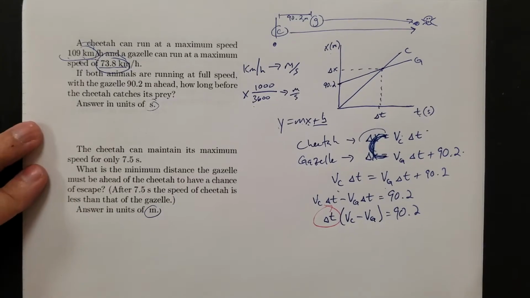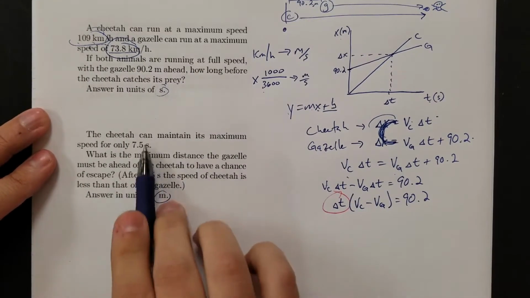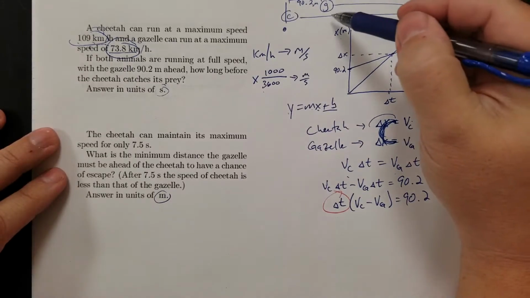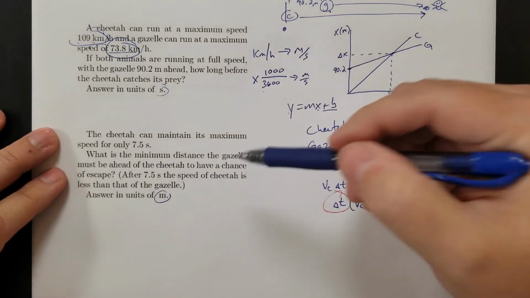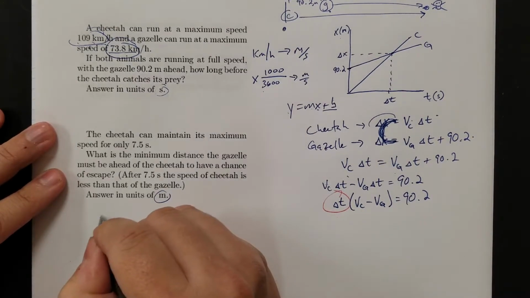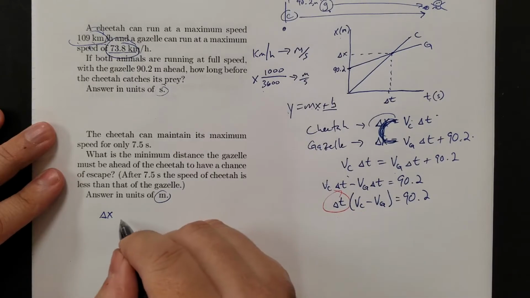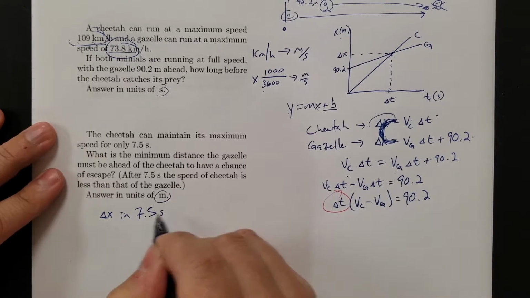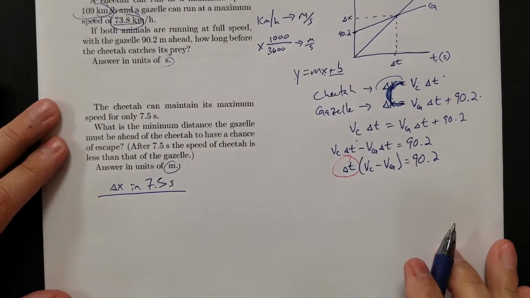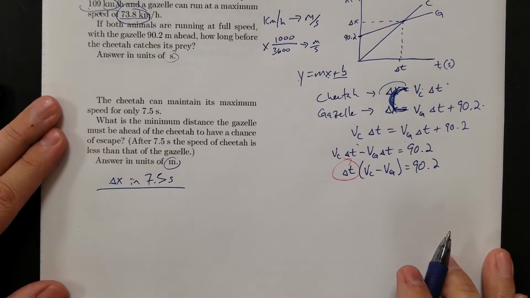Okay, so for number 2, the question is, they both run for 7.5 seconds. How far ahead does the gazelle need to be since the cheetah can only do that top speed for 7.5 seconds? So here's what we need to find. We need to find delta x for both of them in 7.5 seconds, so we're going to find how far each of these animals goes in 7.5 seconds.